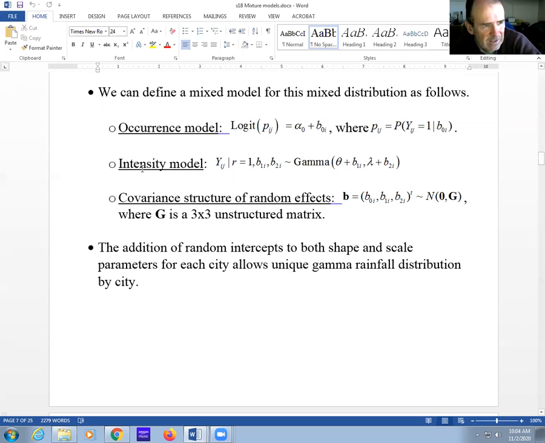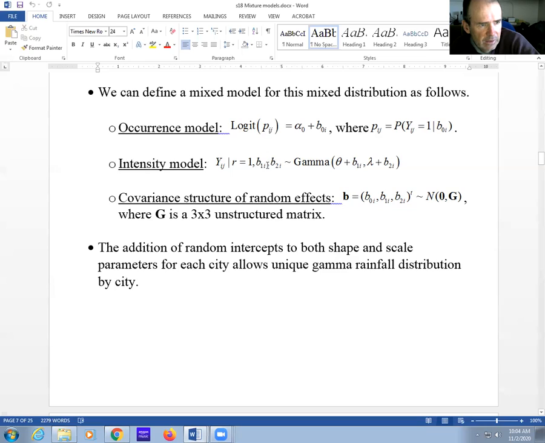And then the intensity part of the model is if it did rain, so given that R equals 1, where R is did it occur or not? If it did occur, what is the amount of rainfall that we had? So for our generalized linear mixed model, we condition on random effects.